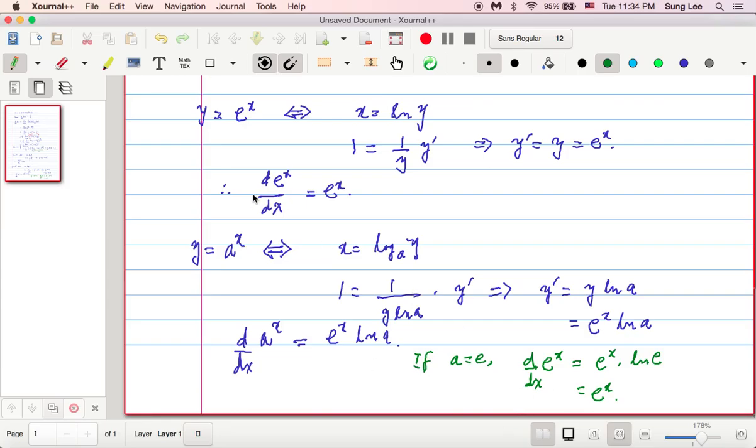How about that? Can we actually use the derivative of e to the x? Yes, we can.